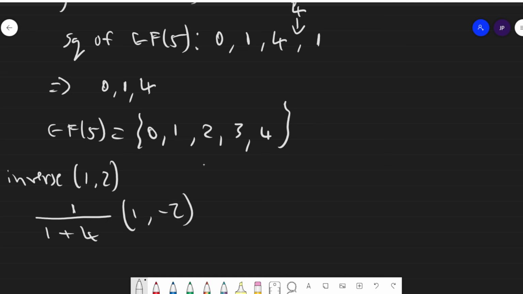But this will give me 0, so this is going to be undefined. So K cannot be a field when the Galois field is 5, because we can't have multiplicative inverses defined.